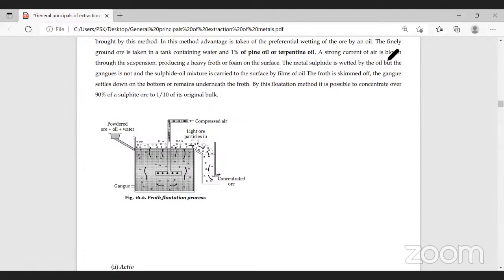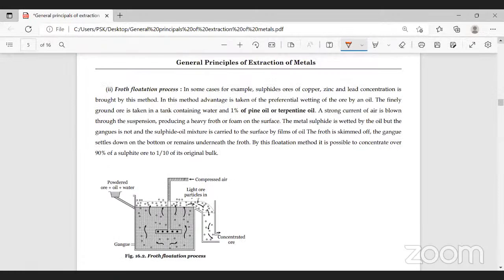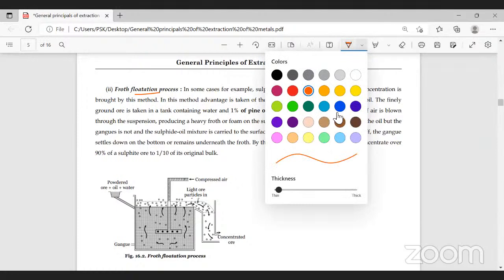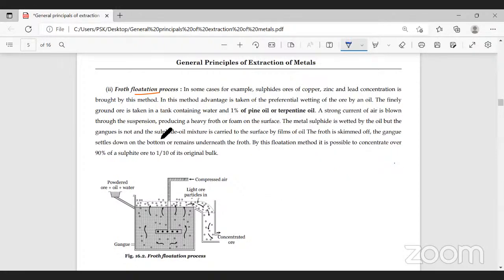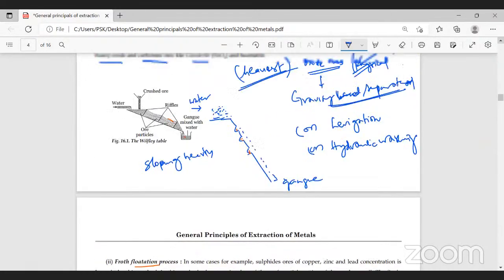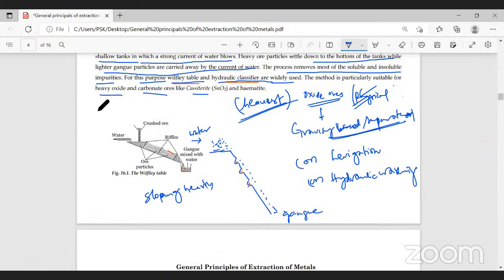Yes, sir. Next, what we have is froth flotation. This froth flotation is a process of concentrating sulfide ores. Sulfide ores are concentrated by froth flotation. Generally, sulfide ores. Now, in the case of gravity-based separation, this is based on specific gravity, or it's based on density.